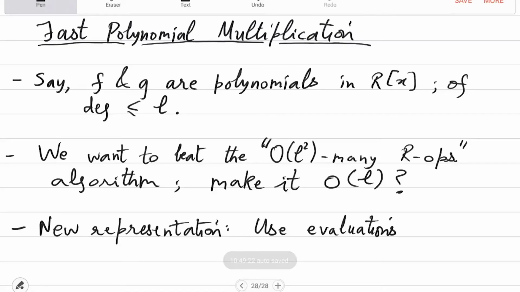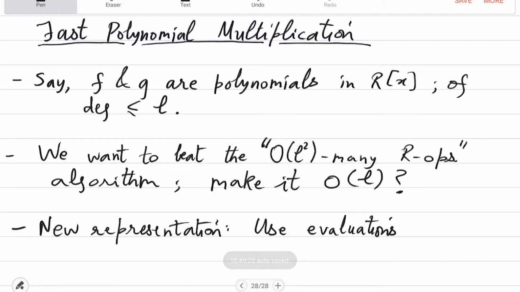And if you assume F to be monic, then only L. Right? So polynomial is uniquely specified either by L coefficients or by L evaluations. Okay, so this is the second representation. We use L evaluations. Then you can multiply them, the corresponding evaluations of F and G.